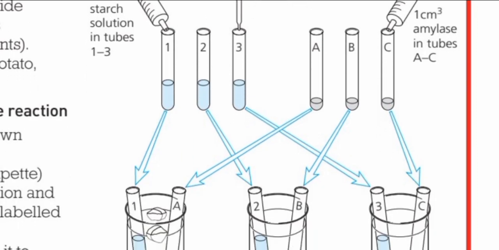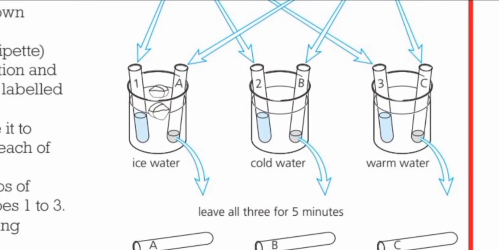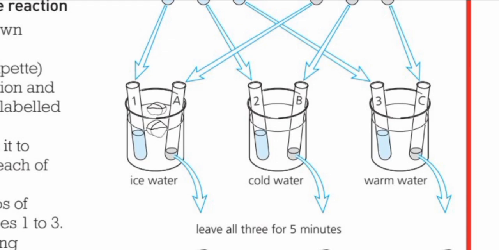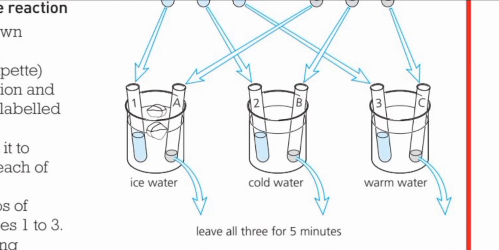Now we have to take water baths. The first water bath is ice water, at 10 degrees Celsius. Second is cool temperature, at 20 degrees Celsius. And third is warm temperature, at 35 degrees Celsius.